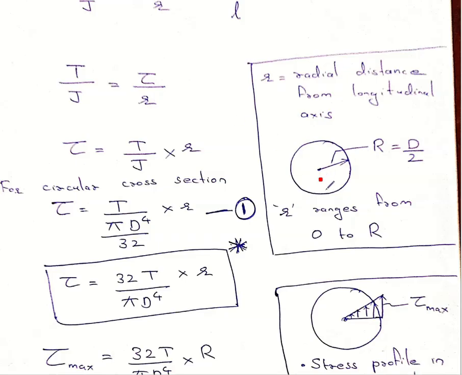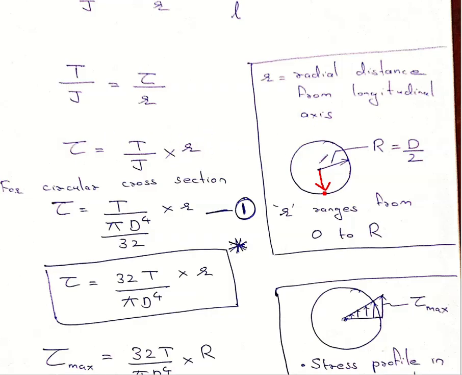Similarly, if you need to find the shear stress at this point, the radial distance is nothing but the radius itself. So my point is, R is not the radius, R is the radial distance. The value of R can range from 0 to capital R, the radius. If it is at the center, it is 0. From this equation, it is obvious that when R is equal to 0, tau is 0.